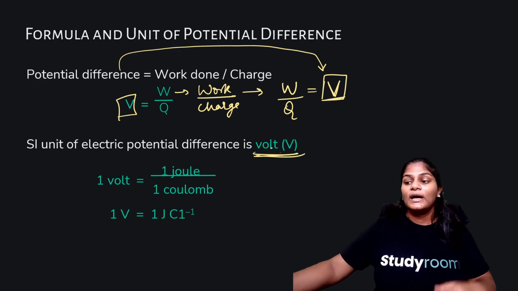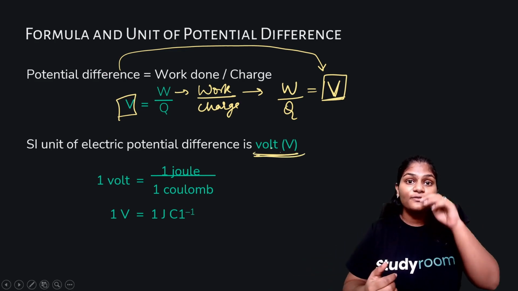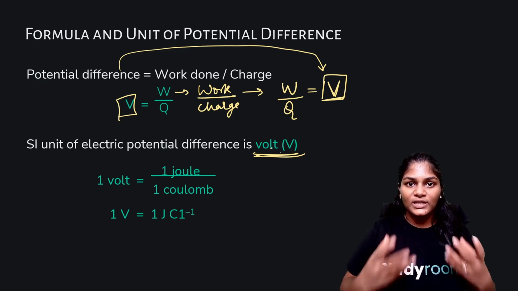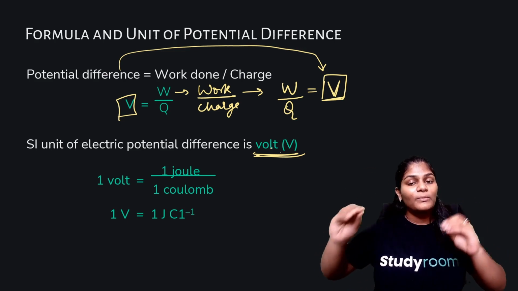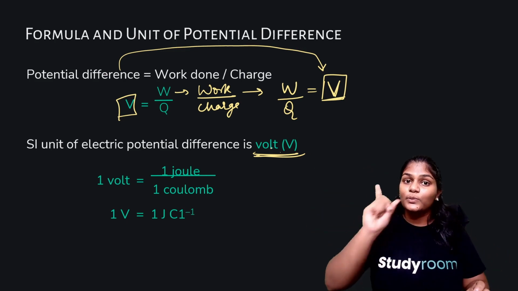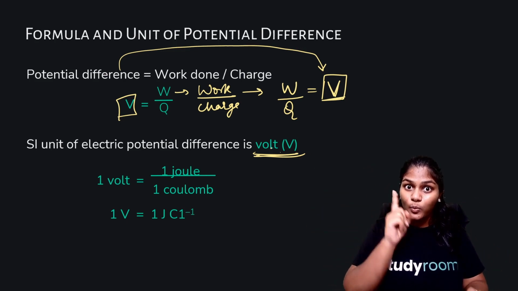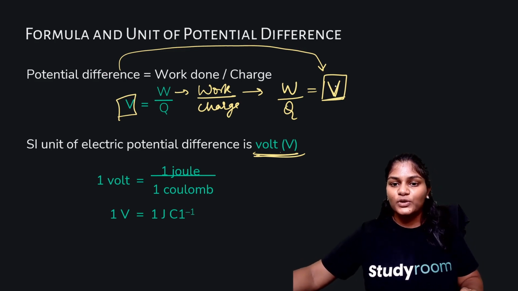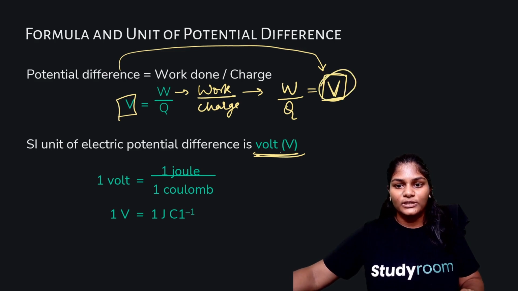Okay, so now if we have to define 1 volt, you remember when we want to define any quantity or the unit of any quantity, what do we do? In the formula we put everything as 1, so that we get the definition of 1 unit of that quantity, right? So here, if we want to define volt, what is 1 volt?